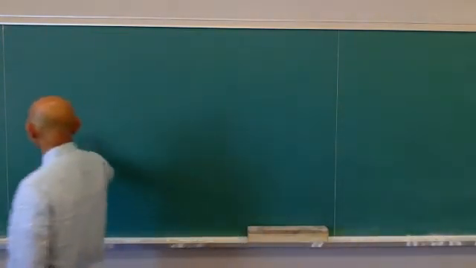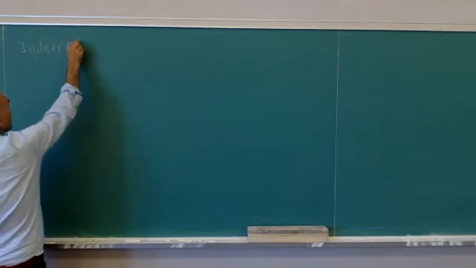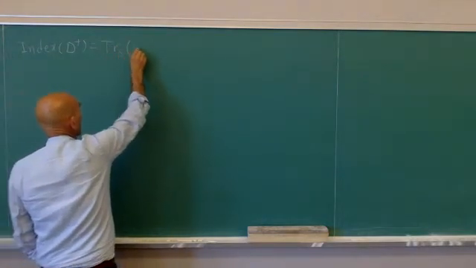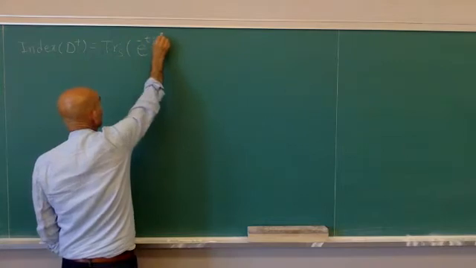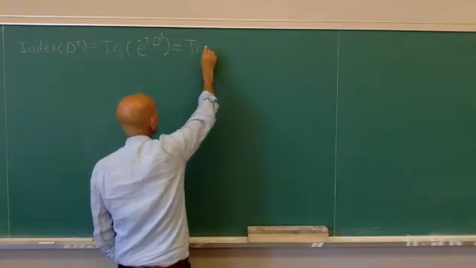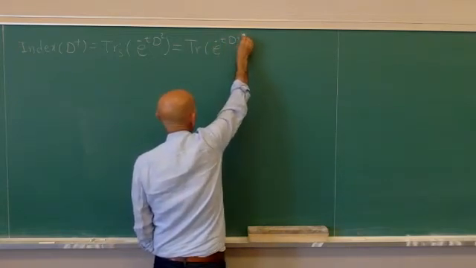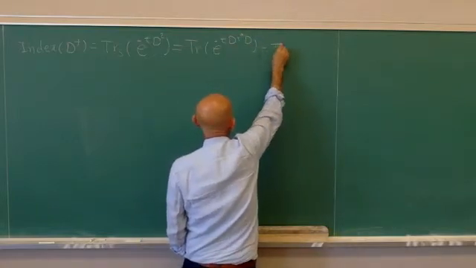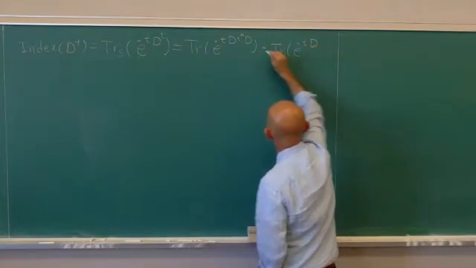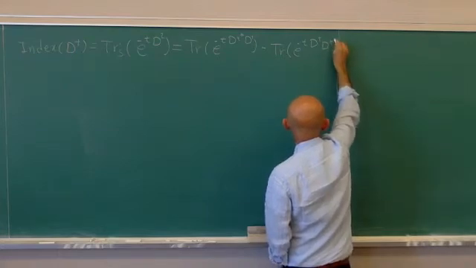So let's recall from last time that we had this formula: index of D plus is equal to the supertrace of exponential of minus t D squared, which is the same thing by definition as the trace of exponential of minus t D plus star D plus, minus the trace of exponential of minus t D plus D plus star.